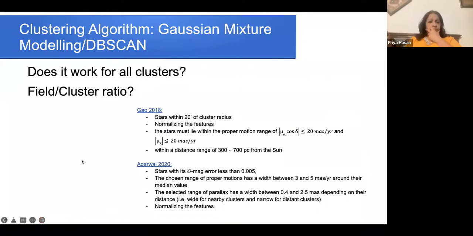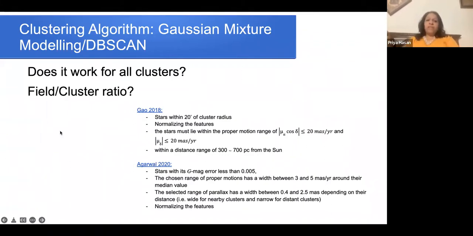So what we wanted to check is, for example, we started off with the Gaussian mixture model: can we use it for all clusters? There are two papers where they've used Gaussian mixture modeling, where they thought it is a reasonably good method to use for various samples of clusters.